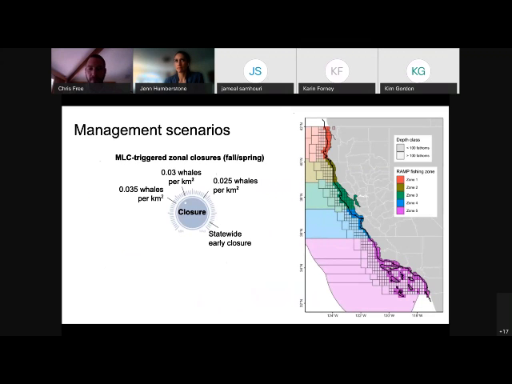And another type of closure, which is a statewide early closure, which Jamil talked about in the last presentation. We're also going to look at 3 levels of gear reduction that happen at the beginning of the season: 10% reduction in gear, 20% reduction in gear, or a 30% reduction in gear. Each one of these dials can be adjusted to evaluate different levels of these parameters.